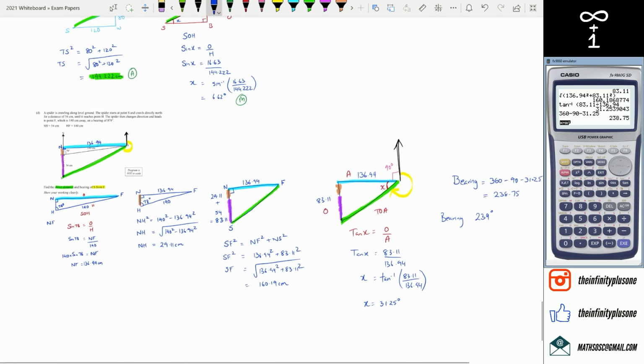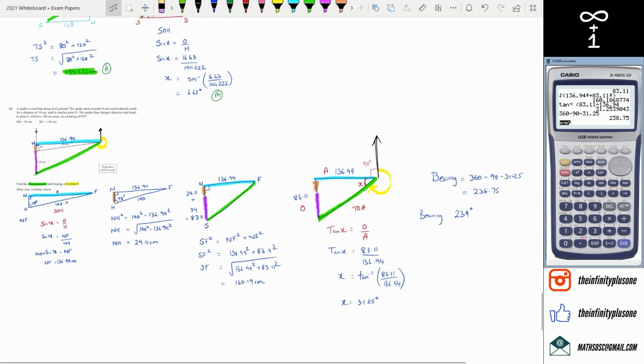I'm kind of hoping that by showing you guys this big long picture, it shows the way to approach these bearing questions is to stack a layer of right angle triangles on top of each other. Sometimes you get to create like 3 or 4 right angle triangles, but that's all it is, guys.